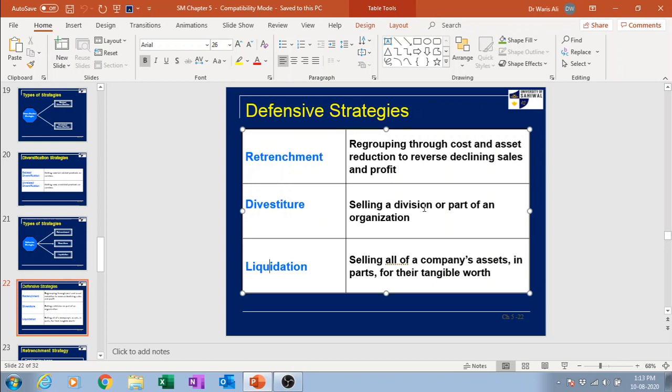We have another strategy that is called retrenchment strategy. Retrenchment strategy means you are regrouping through cost and asset reduction to reverse declining sales and profits. For example, you are bringing structural changes within your organization in order to improve sales.